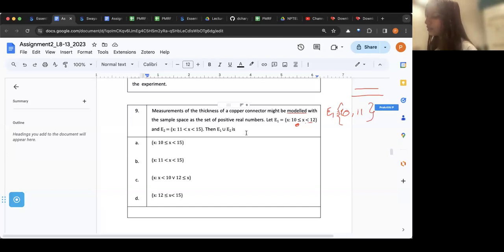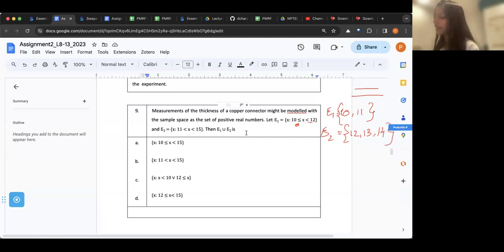And what is event 2? Event 2 is X such that X is greater than 11 and less than 15. So that would be E2: greater than 11, so 12, 13, 14, and less than 15. So 15 is not here.